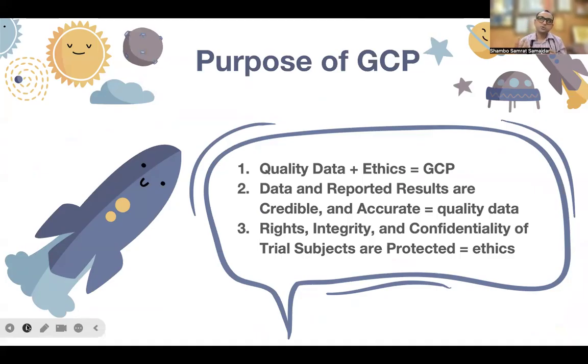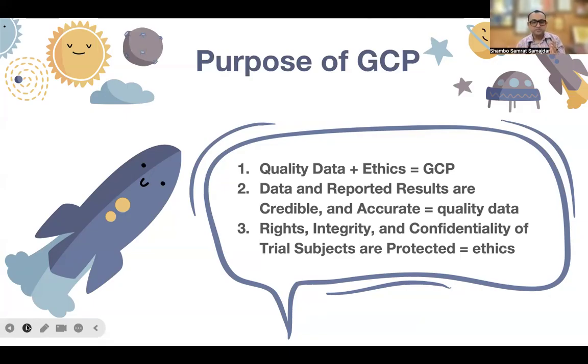So why is GCP important? When we talk about good clinical practice, there are 2 parts if we think: data quality and ethics. When we talk about ethics, it is about the rights, integrity, and confidentiality of trial subjects that should be protected. About quality data, this is about the data and reported results.